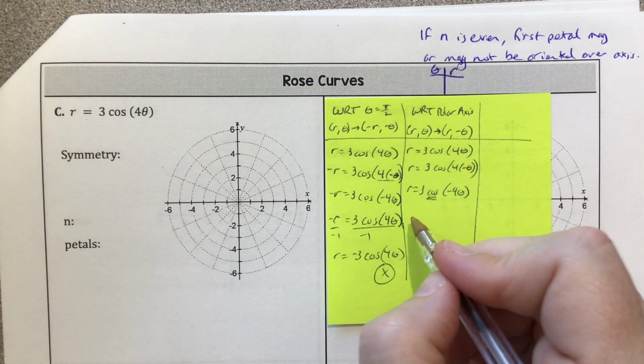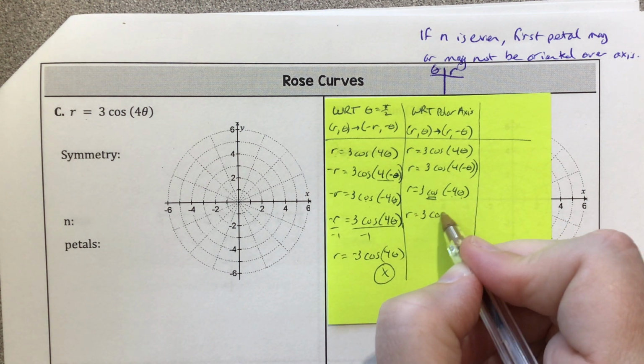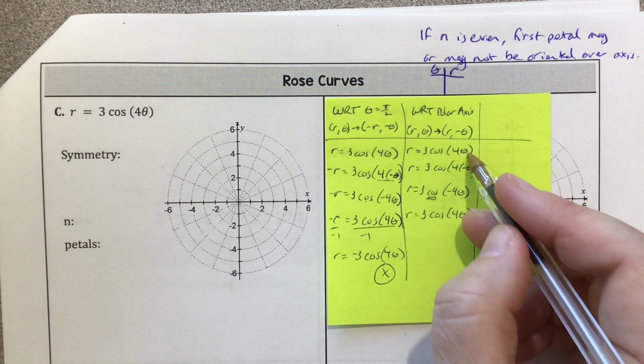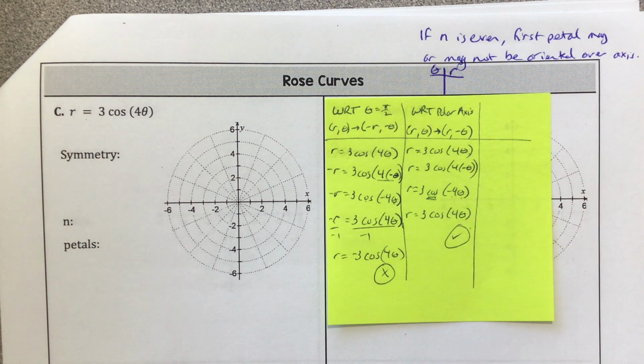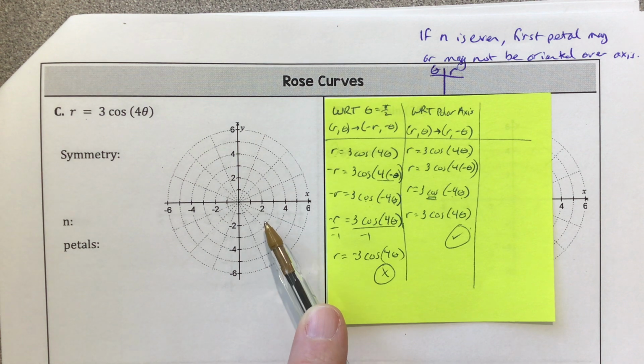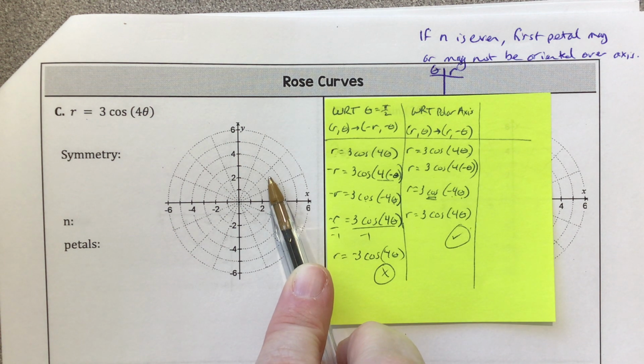Because cosine is an even function, the cosine of negative 4 theta is equivalent to the cosine of positive 4 theta. This is the same as my original equation, so I can see that my graph will definitely have polar axis symmetry. So anytime I find a point down here, I can reflect it to above the horizontal axis, find a corresponding point up here.